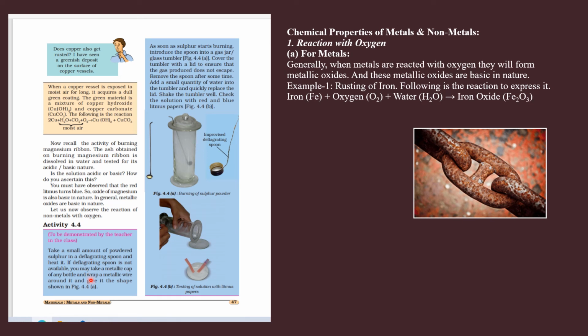One more demonstration is given. We take a small amount of powdered sulfur and heat it. We can use a spoon, or we can make an improvised spoon, a jugaad, with wire and a cap. We burn the sulfur.